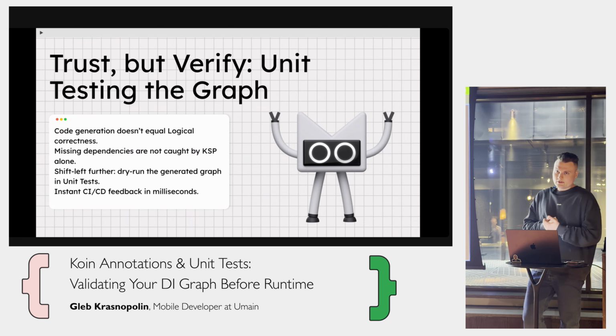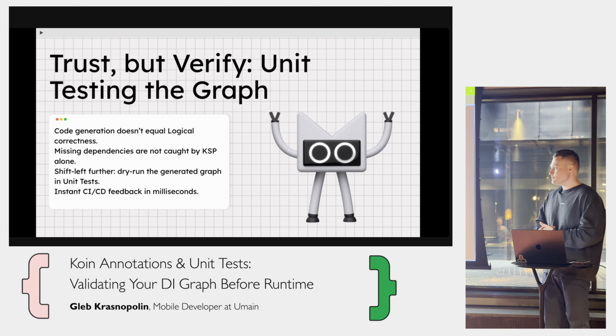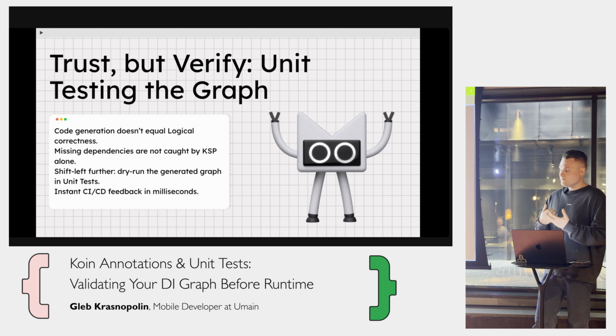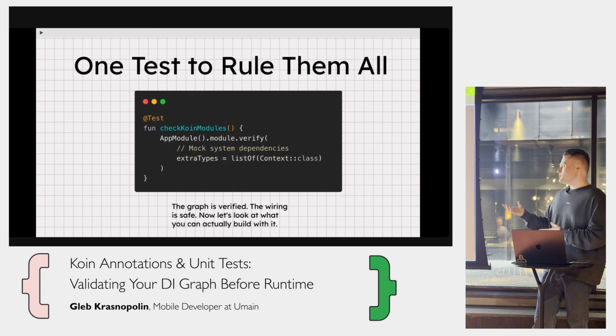Obviously we don't trust something that is being done automatically under the hood, so we want to verify it, and so we can get CI/CD feedback. If you push a commit, you can get instant CI/CD feedback that your tree is broken. Koin actually provides one test function that will verify that your tree works.